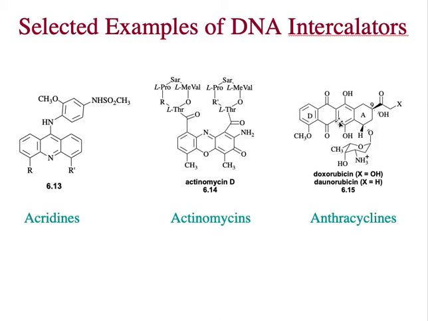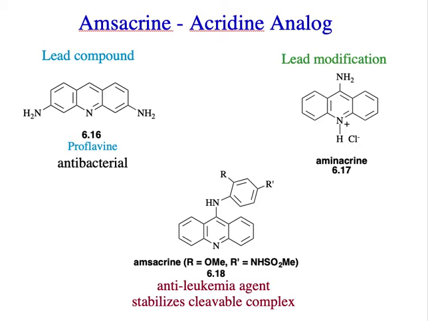You can imagine they both have the Latin word rubris in them, and they're red. Certainly some of the acridines are also antibacterial for the same reason. But using this antibacterial, this is an example of a lead modification, and they're able to come up with an anti-leukemia, so essentially anti-human cell, drug that stabilizes the topoisomerase complex.